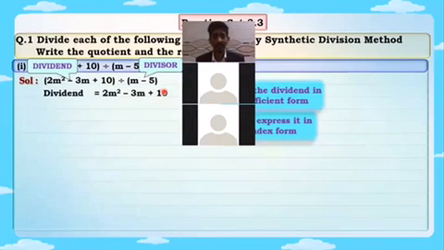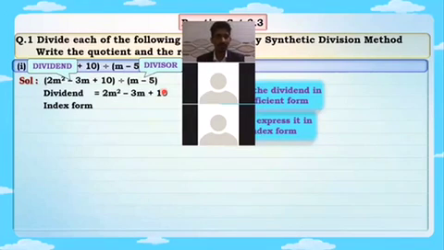Let's revise it once again. Index form means we need to write the dividend in such a way where all the powers of variables should be present. All the powers should be present. If any one of the powers is missing, that power we need to introduce with the help of coefficient 0. 0 के साथ हम लोग को introduce करना पड़ेगा.